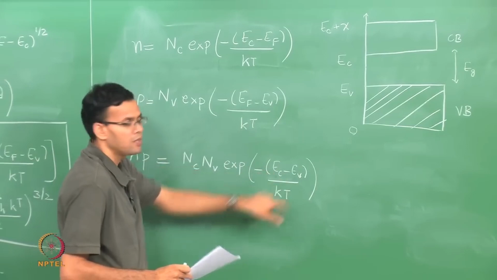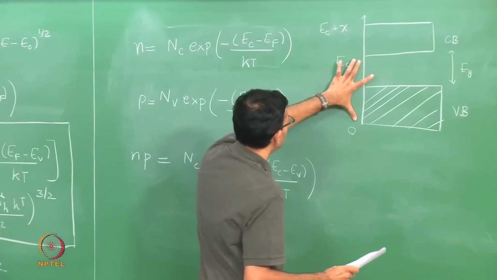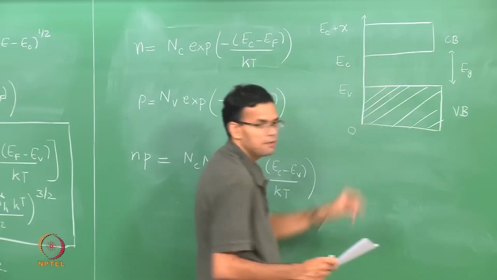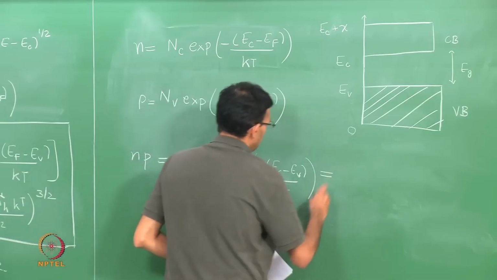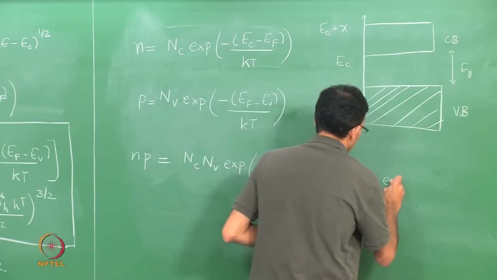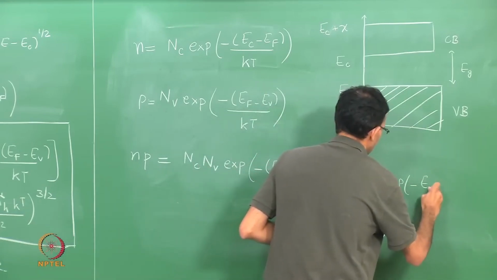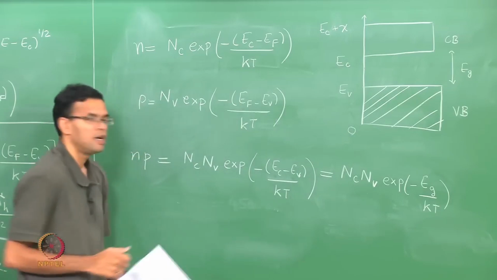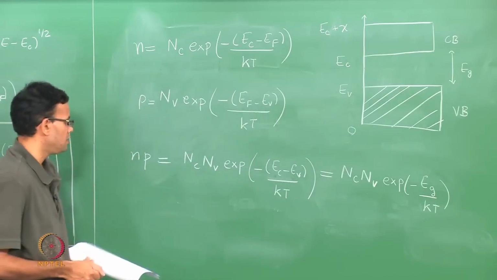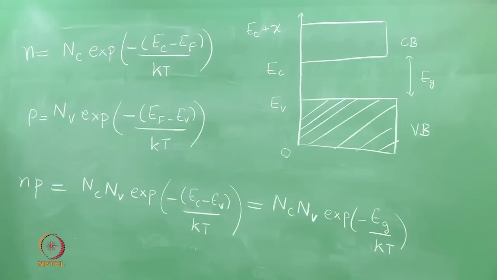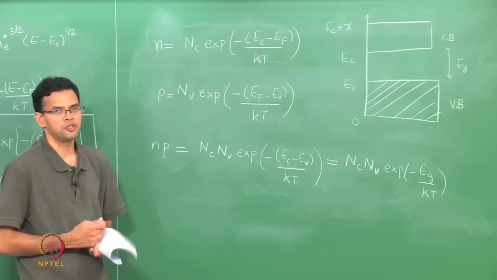Ec minus Ev, if you see from this band diagram, this whole thing is Ec, this is Ev. So, Ec minus Ev is nothing but the band gap. So, this I can replace: Nc Nv exponential of minus Eg over kT. In the case of an intrinsic semiconductor, your electrons are created because they are excited from the valence band to the conduction band, and whenever an electron is created, a hole is also created.